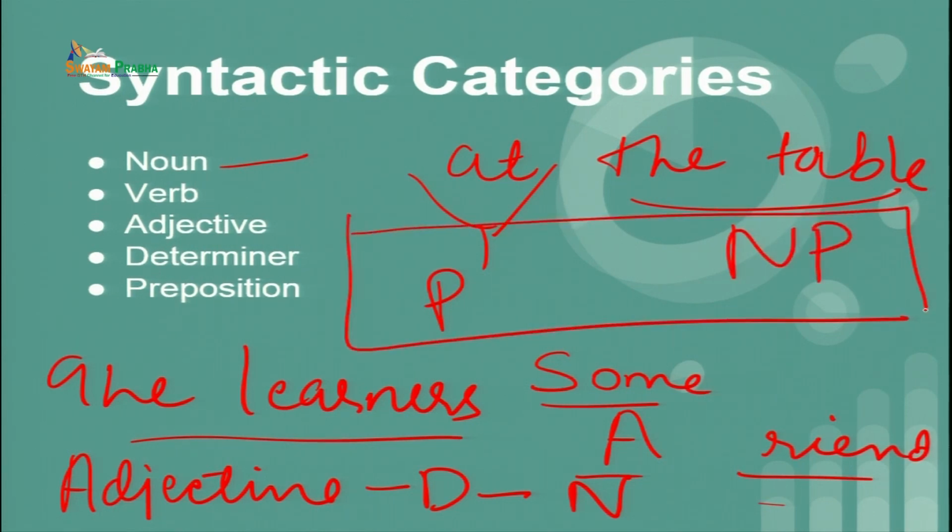Interestingly, this entire composition is referred to as a prepositional phrase. So, a prepositional phrase essentially consists of a preposition and noun phrase. And if I have to further divide the noun phrase into its constituents, I would say it comes with a determiner followed by a noun.